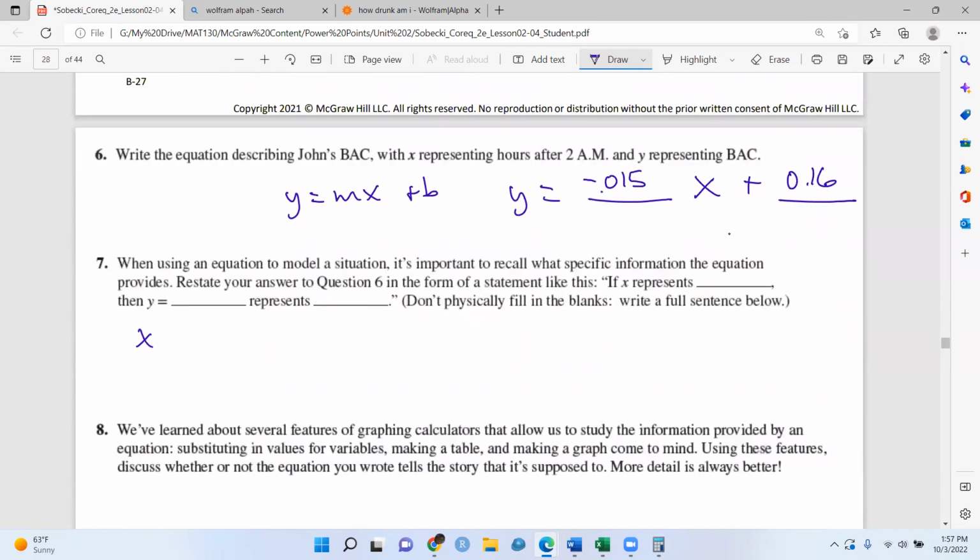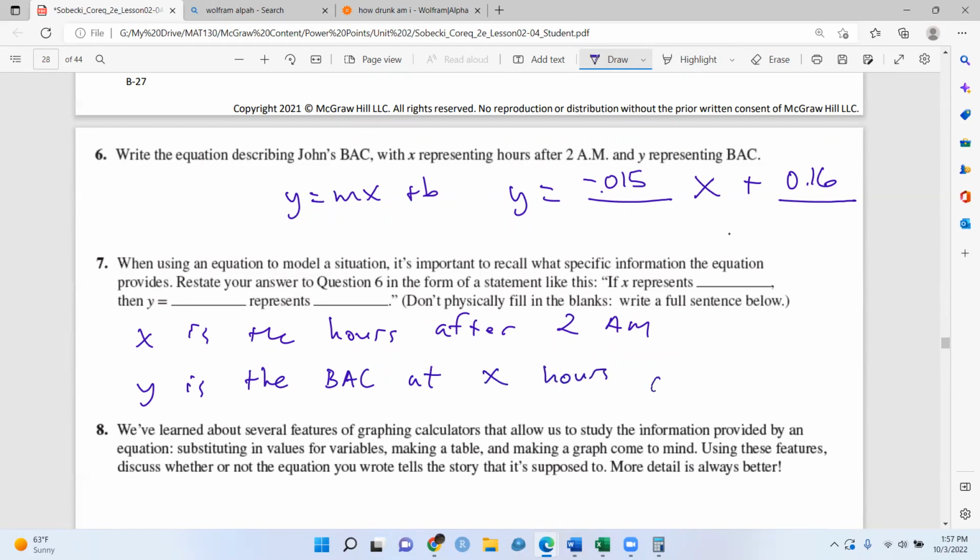So x is the hours after 2 a.m. and y is the BAC. Let's write it this way: y is the blood alcohol content at that particular time, at x hours after 2 a.m.